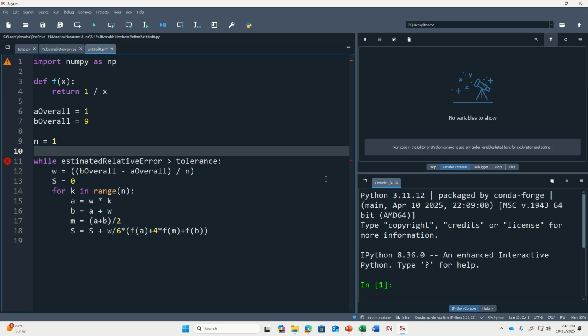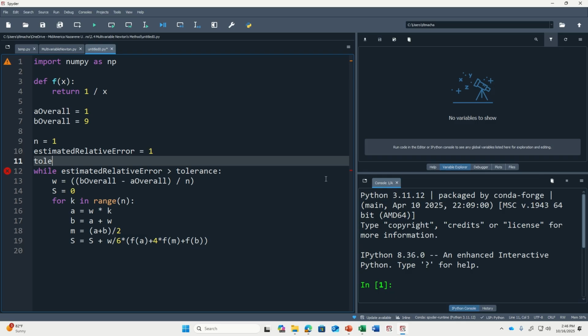And then I need to define estimated relative error as being 1, just so it gets the loop started. My tolerance is going to be my number of significant figures. I don't know, it's going to be like 0.5 raised to the power negative number of significant figures or something like that.